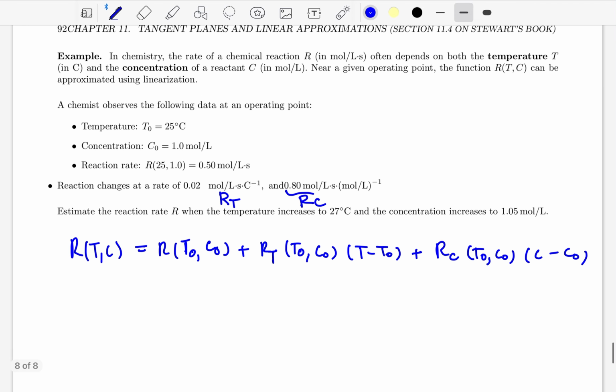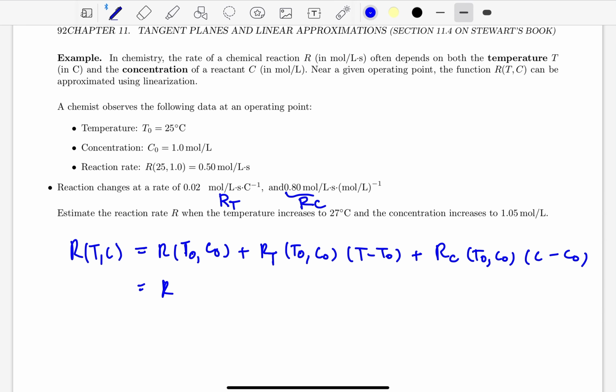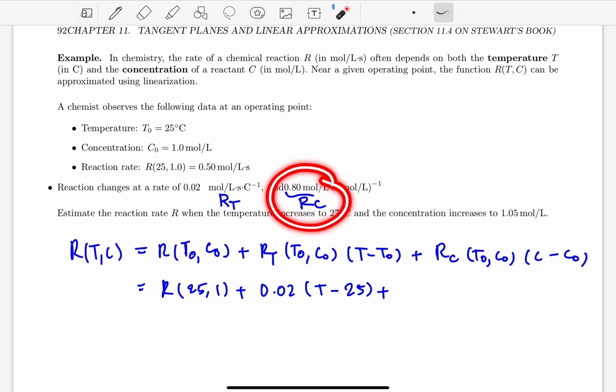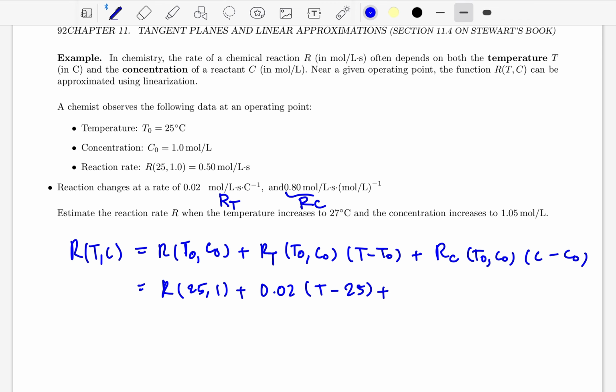So given the information we have, this is going to be R(25, 1) plus, the change in the reaction with respect to temperature is 0.02, so 0.02 times T minus 25, plus the change in the reaction with respect to concentration, which is 0.8, times C minus C naught, which is equal to 1, okay?